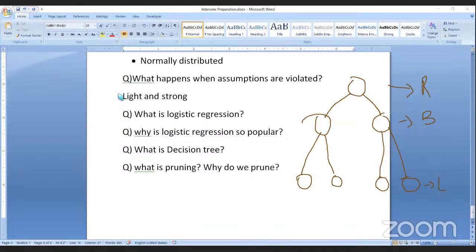Correct. So it is the process of removing redundant branches from a decision tree. So by pruning, we can have smaller trees which will perform better and give us performance and speed, and great accuracy also if we prune it correctly.